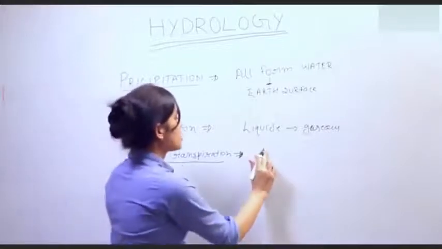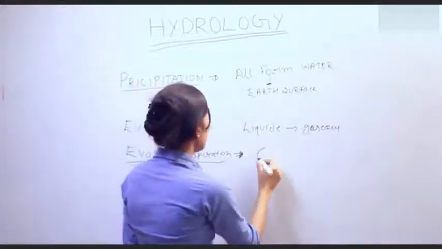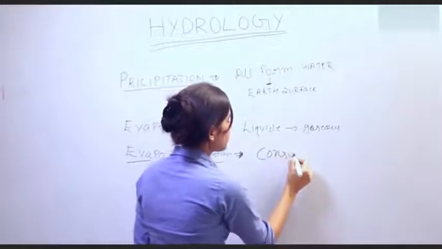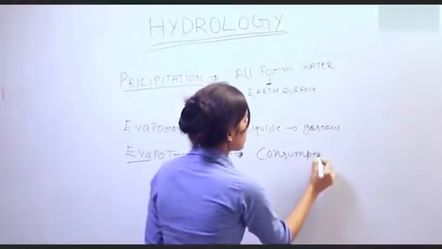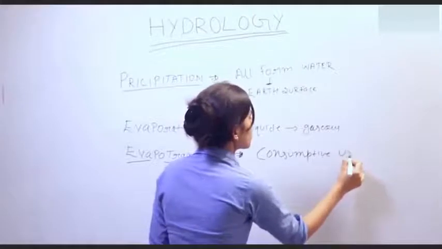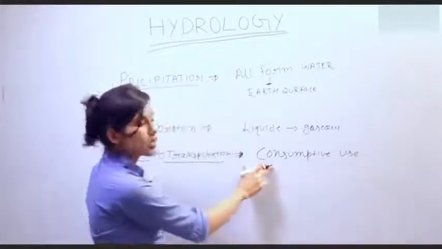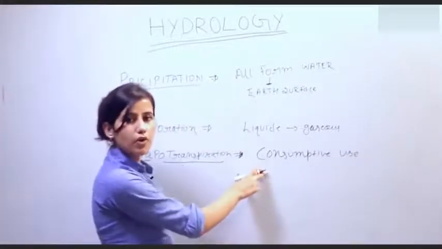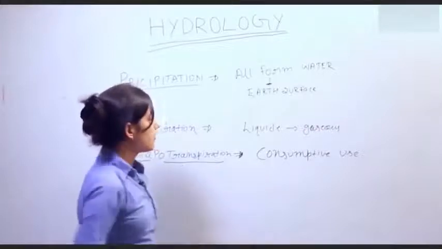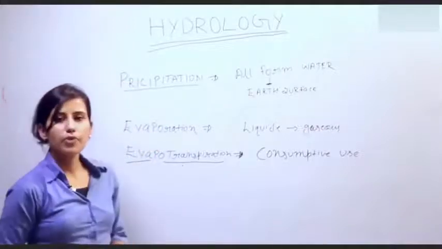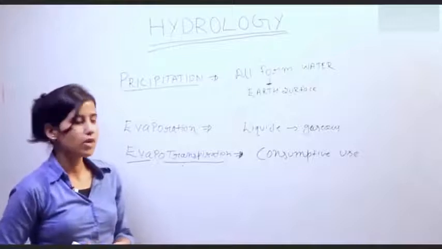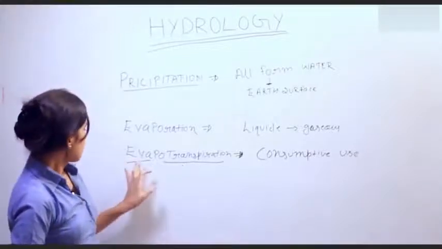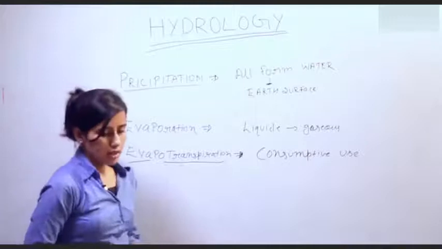So evapotranspiration, collectively known as consumptive use, is the necessary part for the growth of plants. We will be further discussing evapotranspiration in the irrigation course because it is a basic content of irrigation.